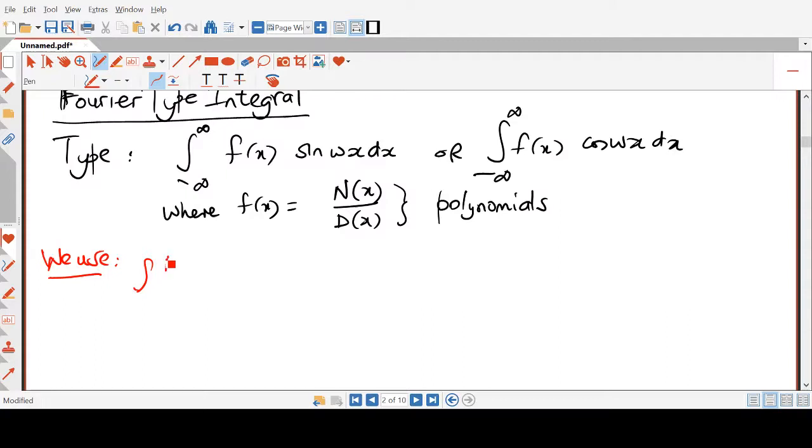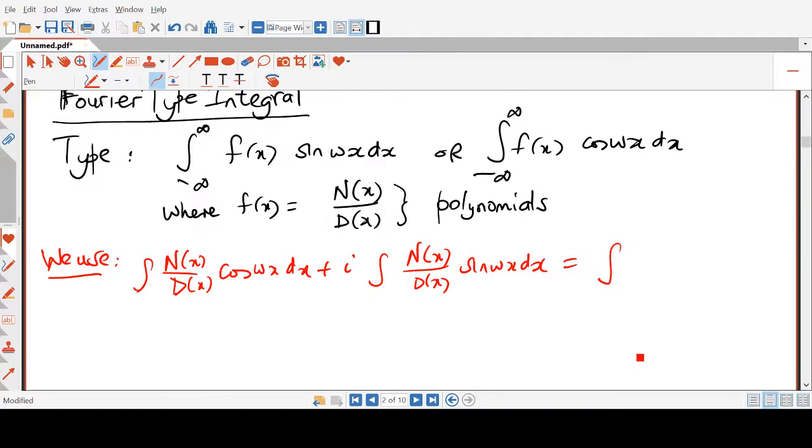If you have n of x over d of x cos omega x dx plus i times the integral of n of x over d of x sin omega x dx.